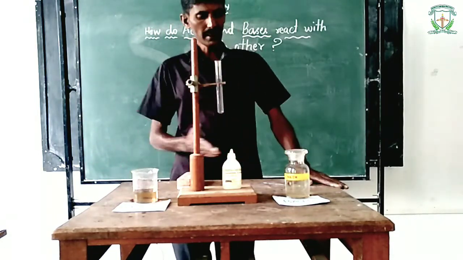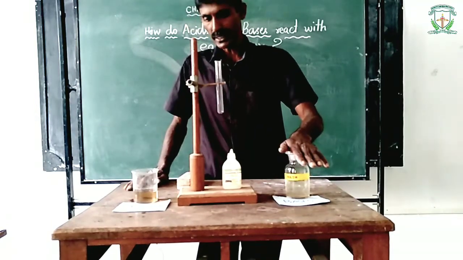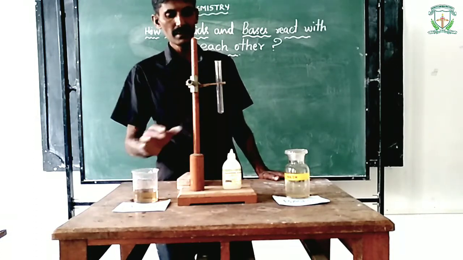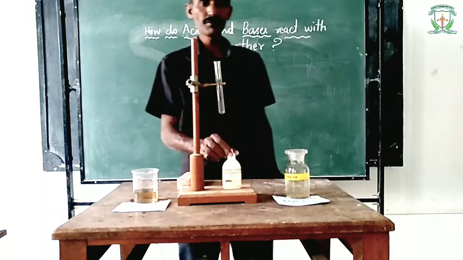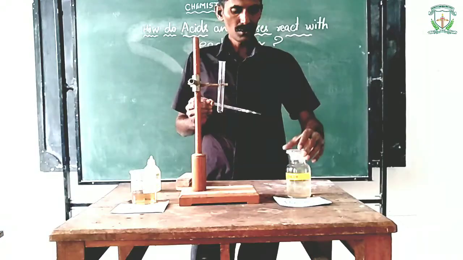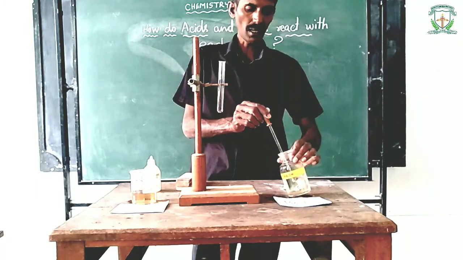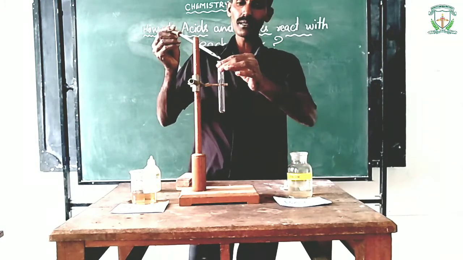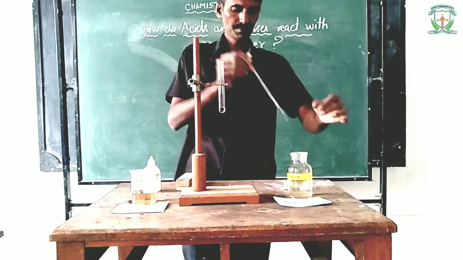Dear children, let us see another activity: how do acids and bases react with each other? I have taken the base NaOH and the acid hydrochloric acid, a test tube in the stand, and phenolphthalein solution. I take a few ml of base solution, sodium hydroxide, into the test tube.